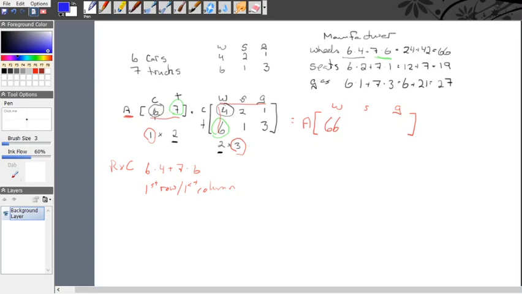And we've now got 6 cars times 2 seats plus 7 trucks times 1 seat. Coming back up here, 6 times 2 plus 7 times 1 gave us first row, second column. We've already done the calculation, so we know that we put a 19 up here.